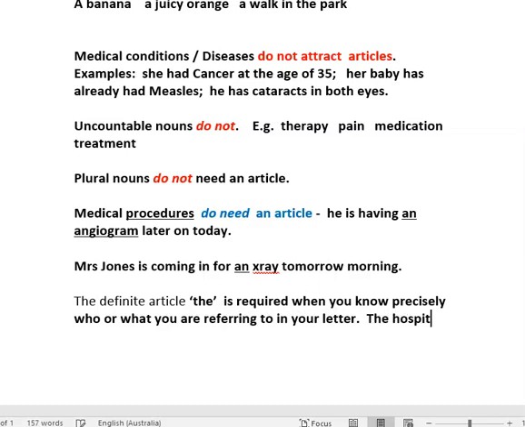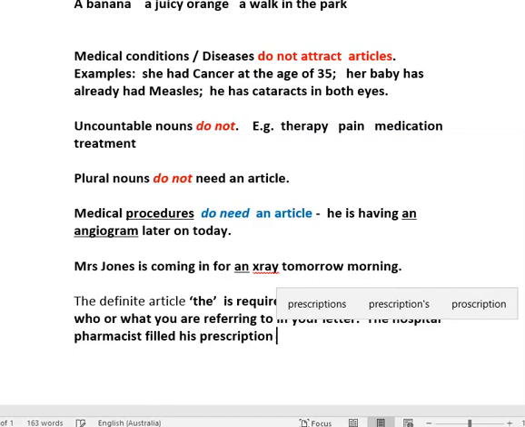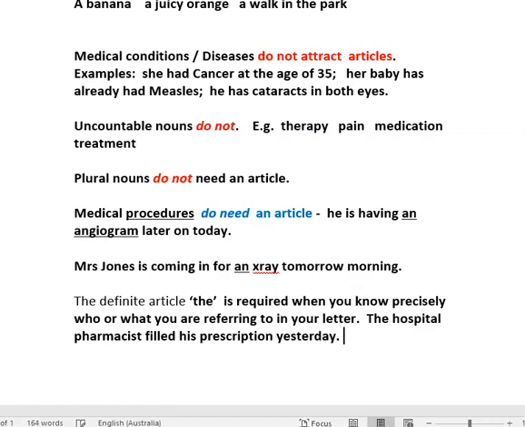The hospital pharmacist filled his prescription yesterday. We know which pharmacist it is. It's the one who works in the hospital.